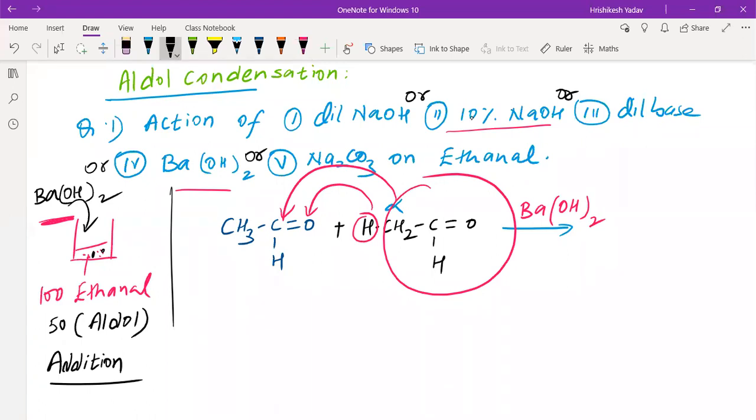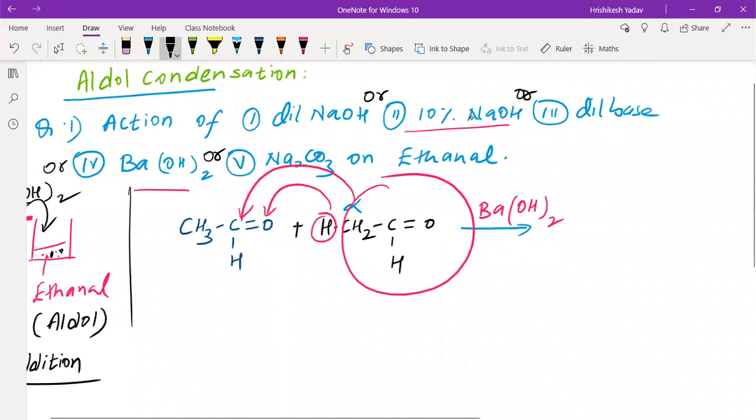So now the product which we are going to get is CH3 with C here, hydrogen down. Now this OH which is going to form, that we can write it up.